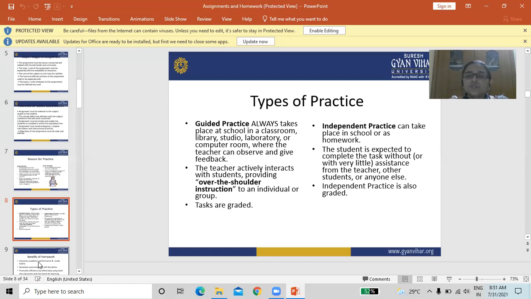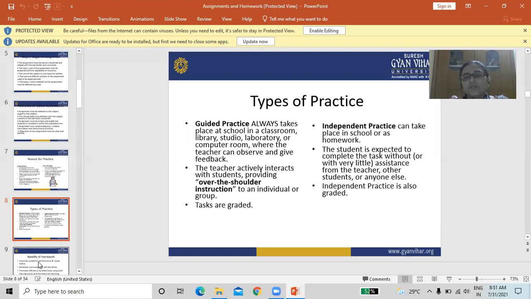The student is expected to complete the task without assistance from the teacher, other students, or anyone else.